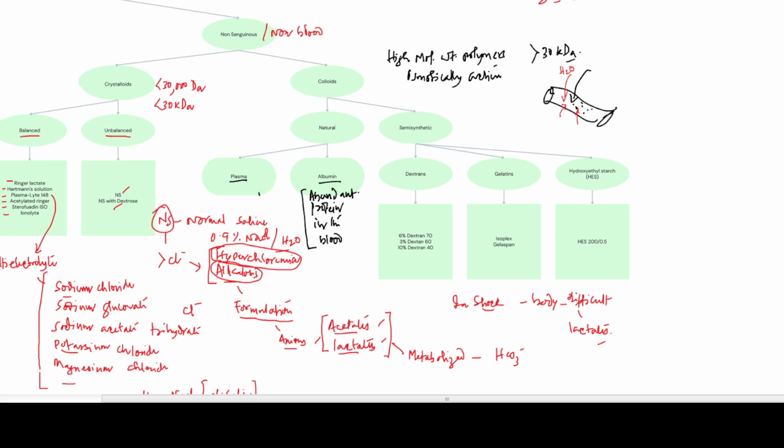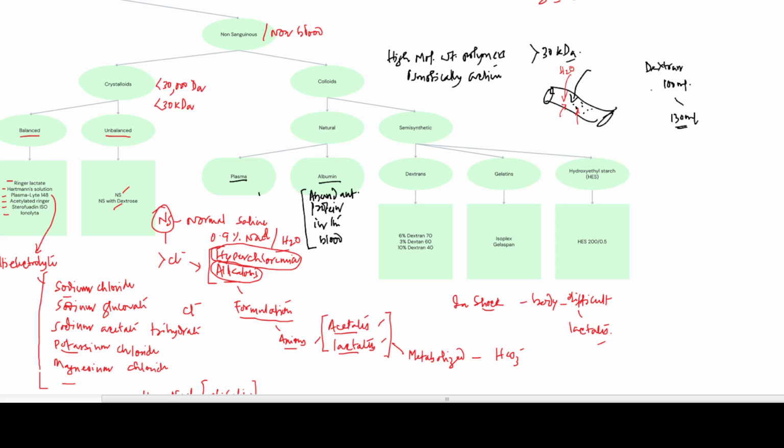So as a result, for example, if we give, say, dextran, about 100 ml, we would get approximately 130 ml in the vasculature. Okay, so that's something that we need to remember about osmotically active compounds.